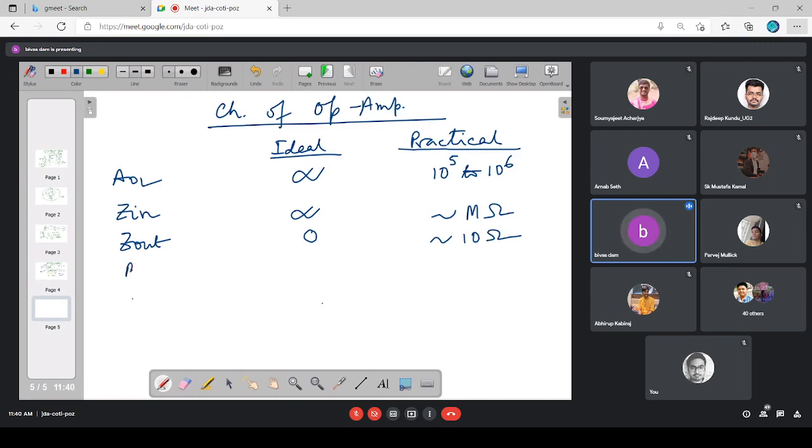Then comes bandwidth. What do you mean by bandwidth? It is the frequency range over which the output signal nature truly follows the input signal nature.